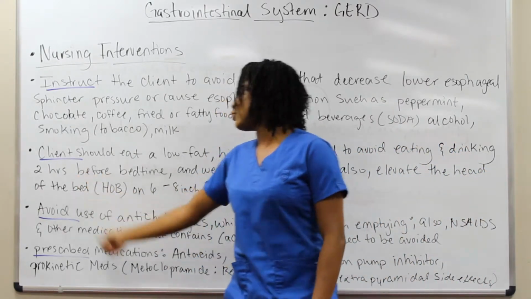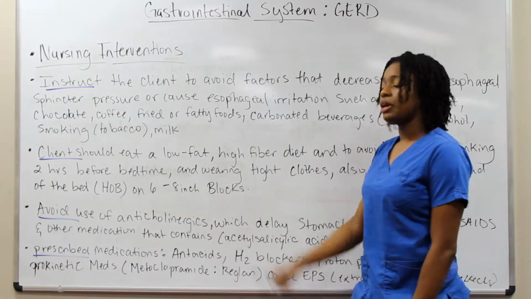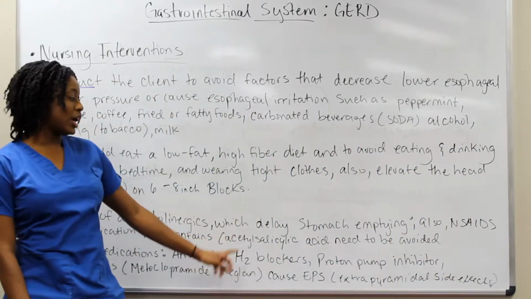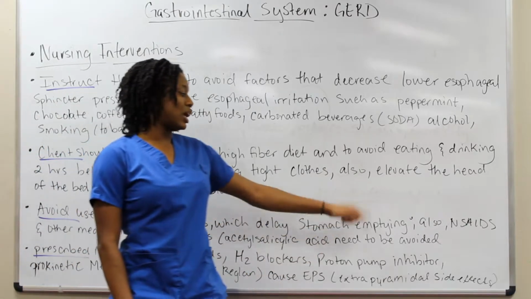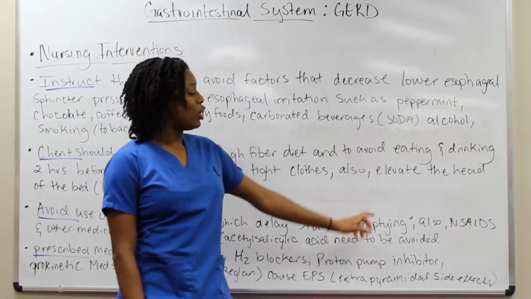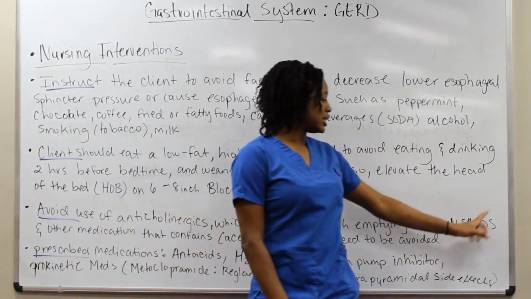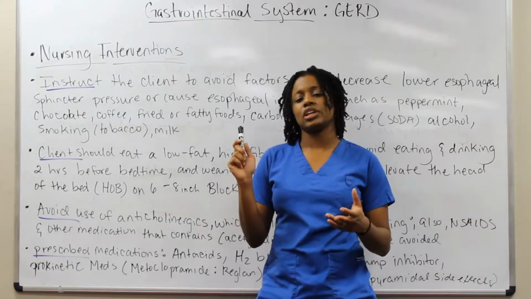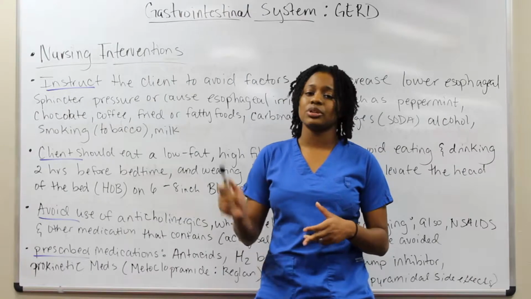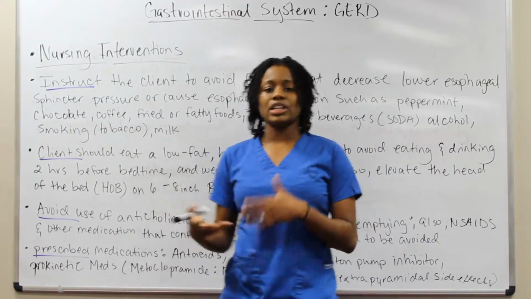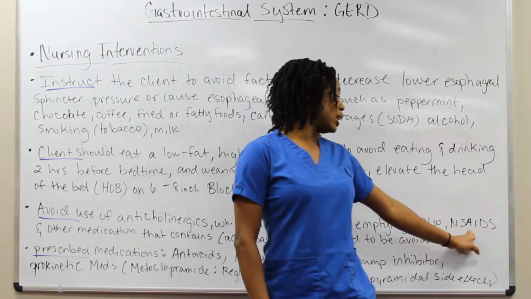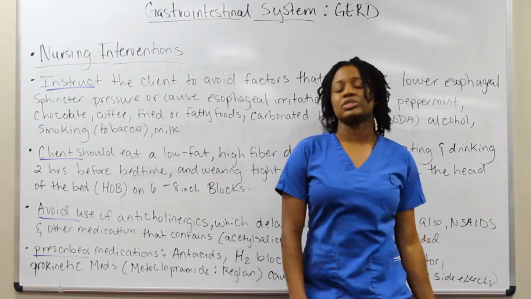Also, you want to avoid the use of anticholinergic medications. Okay. Why? Because it delays the stomach emptying. Okay. Also, NSAIDs. And NSAIDs are pretty much your medications like your Advil, your ibuprofen, your aspirin, all right? Those types of anti-inflammatory medication, okay? So non-steroidal anti-inflammatory type of medication.